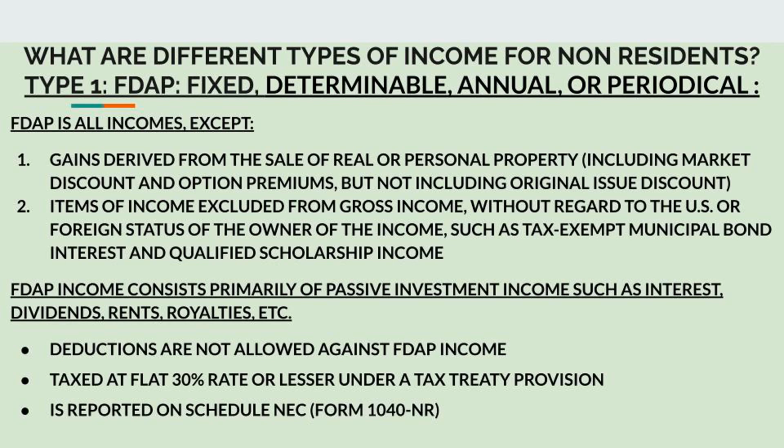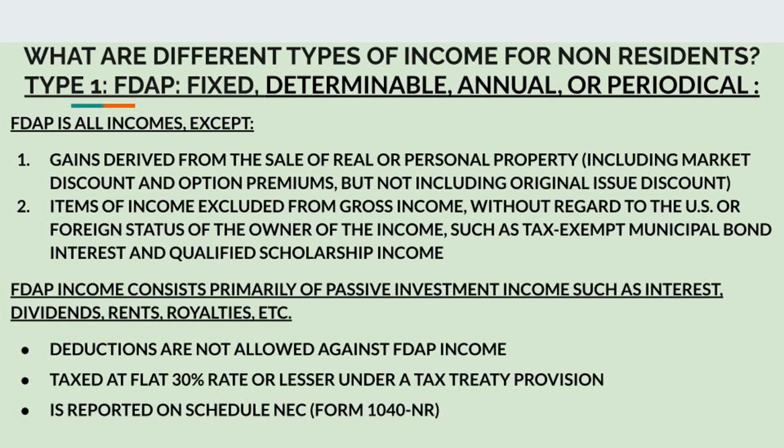If you're renting a place, that property is just sitting by itself. You don't have to perform any work to make that income. Thus, it's called passive income. So rents, dividends that you derive from investing in a company, or interest that you collect for simply depositing money in a savings account or money market account are considered passive income and fall under FDAP.